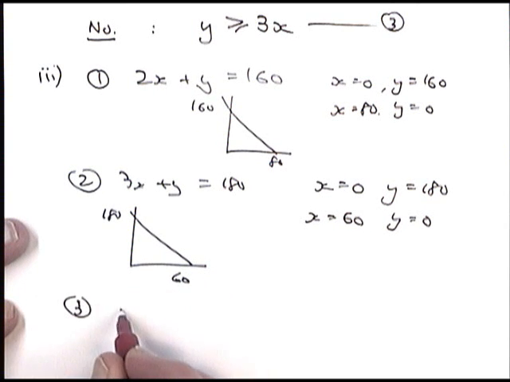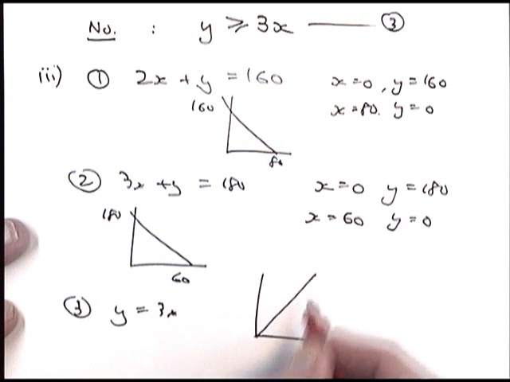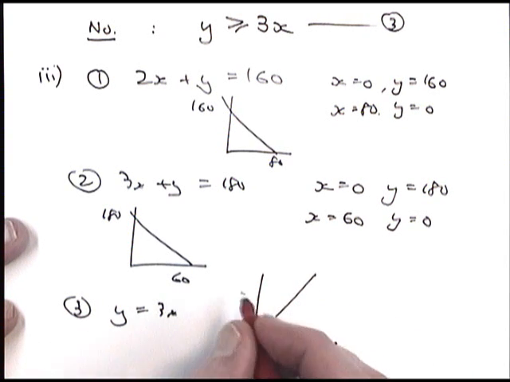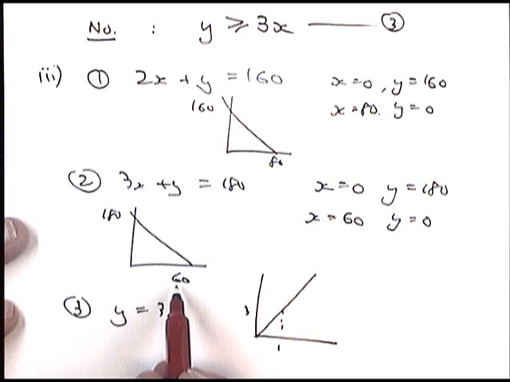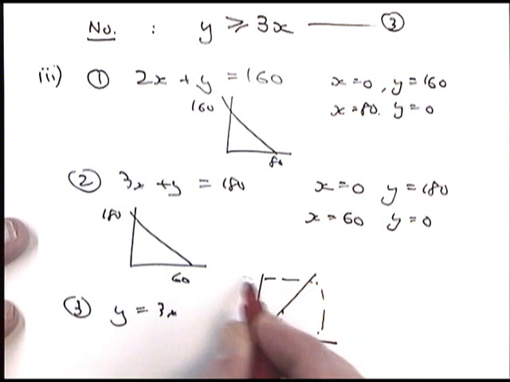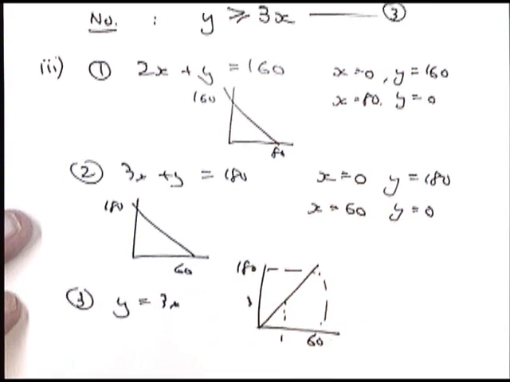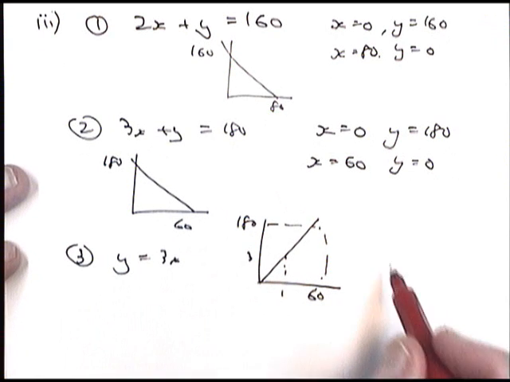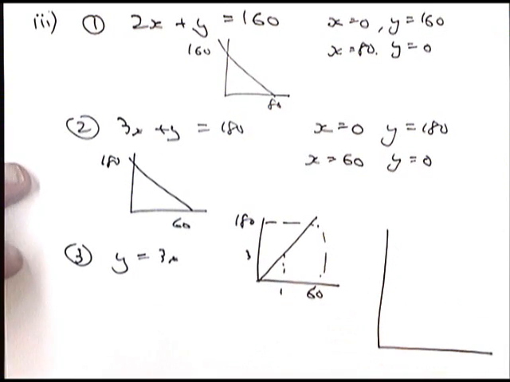Constraint number 3: if you think of the line y equals 3x, that will go through the origin. It's a straight line, and that will go through, for example, the point (1, 3). And when x is 60, that will go through 180.